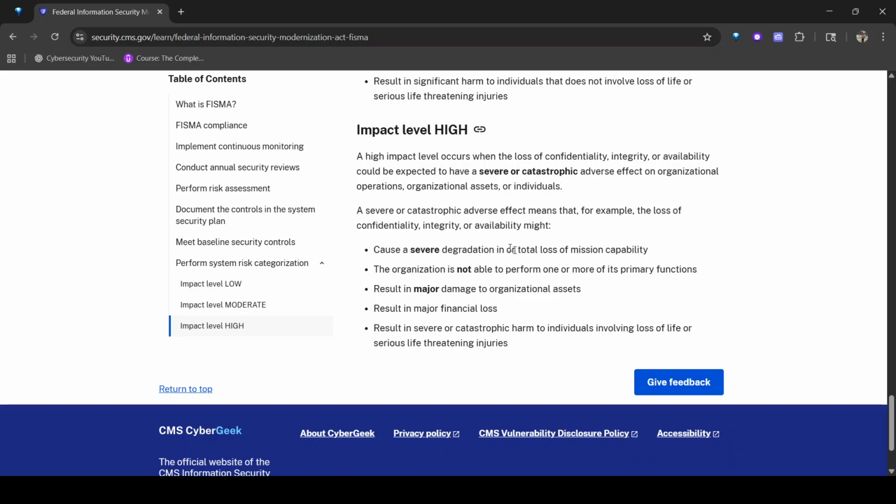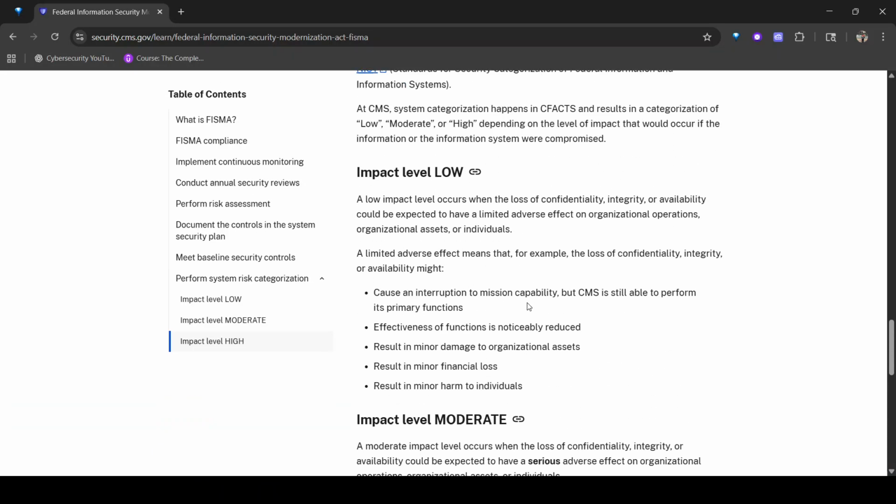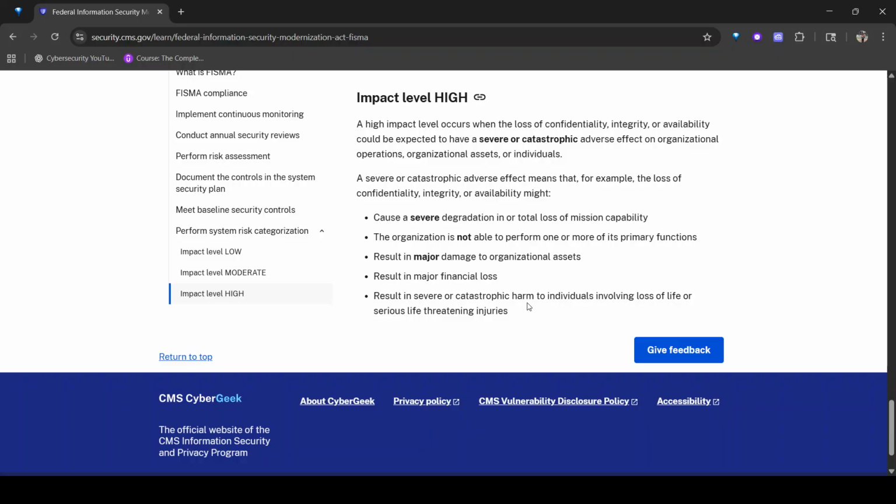The organization is not able to perform one or more of its primary functions. It results in major damage to organizational assets, major financial loss, and severe or catastrophic harm to individuals involving loss of life or serious life-threatening injuries.